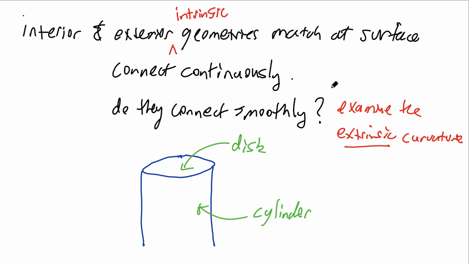I discussed briefly in some of the earlier lectures in this series the distinction between intrinsic and extrinsic geometries, or curvature. The intrinsic geometry always refers to the metric. It's what the metric defines. Extrinsic curvature always refers to the way that a surface is embedded in a higher dimensional space, or space-time.